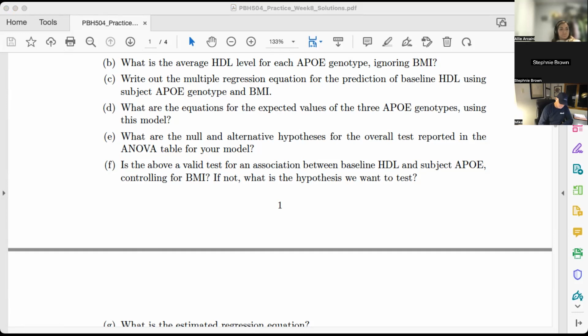We're going to have the intercept, so beta 0, plus beta 1 times a variable called E2, an indicator for the E2 group, plus beta 2 times an indicator for the E3 group. Remember, E4 is the reference group. And then beta 3 times BMI.